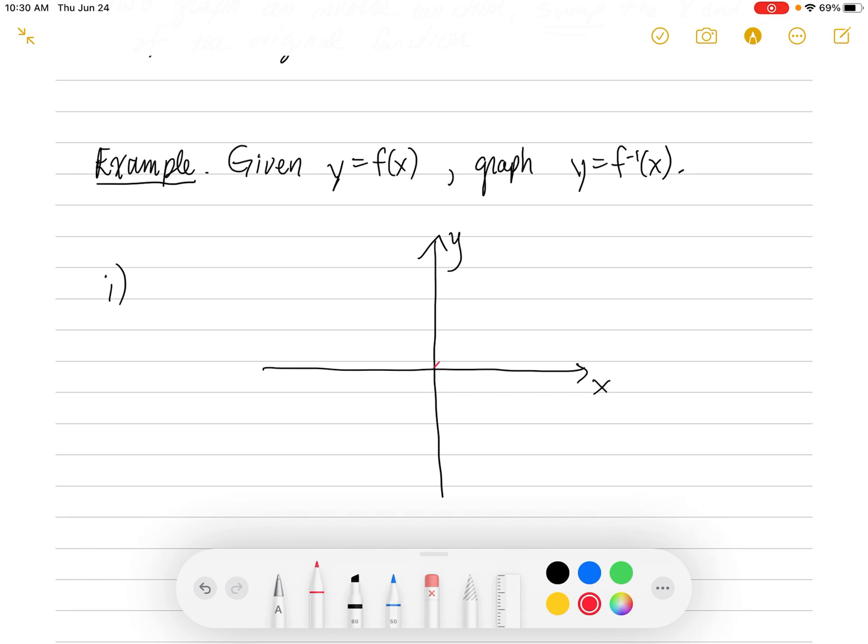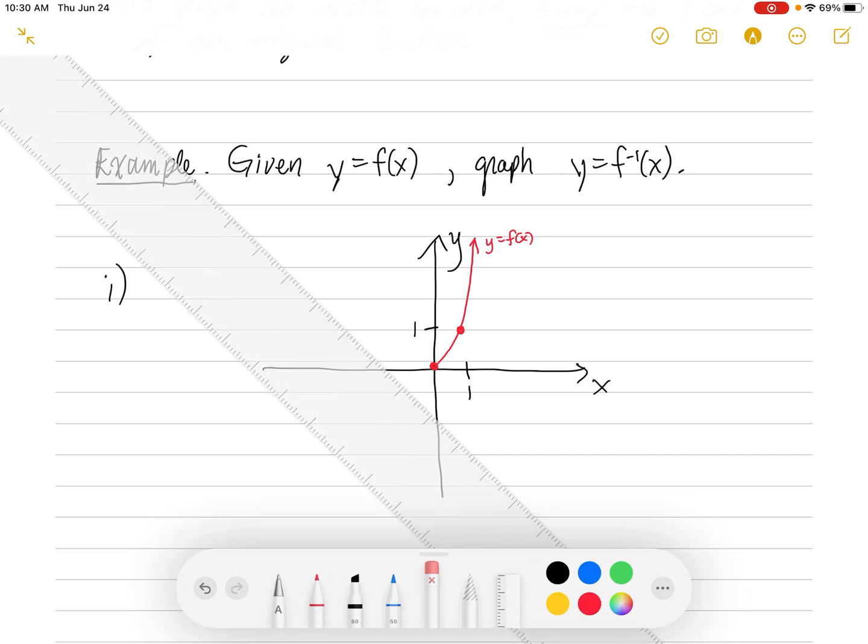Okay, let's say this is our y-axis and this is our x-axis. And let's say this here is my original function, y equals f of x. It's not a very good drawing.